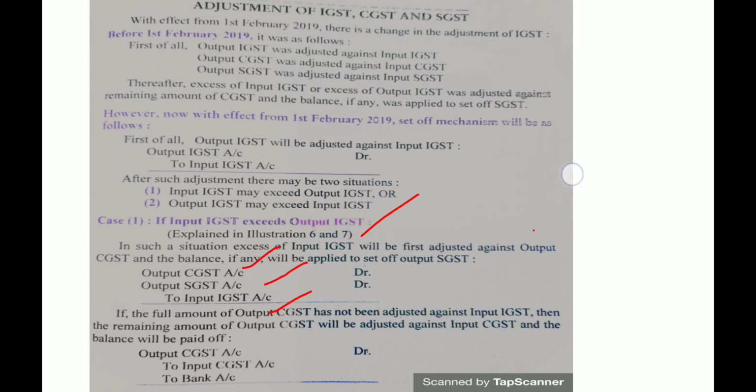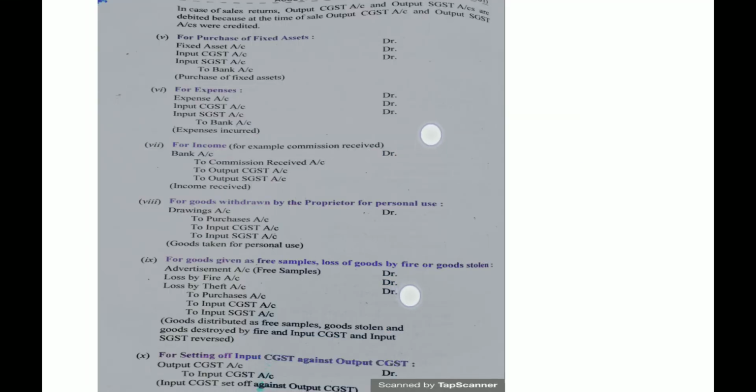Now, there are so many journal entries according to GST. Okay. So, first is for the purchase of a fixed asset: debit. You purchase a fixed asset, that is why you have to pay input GST.